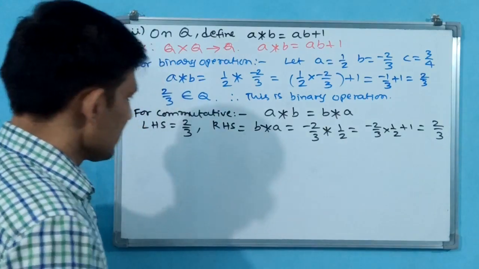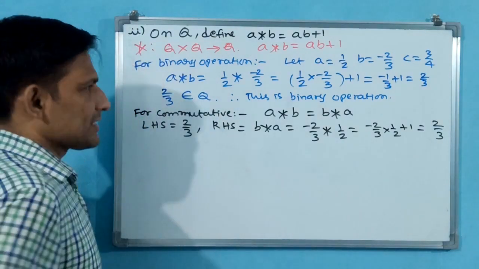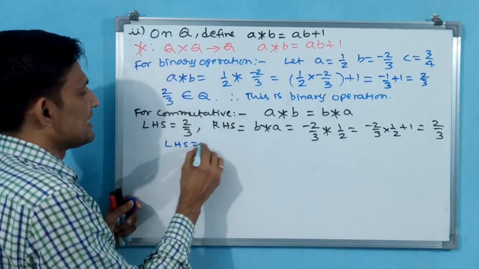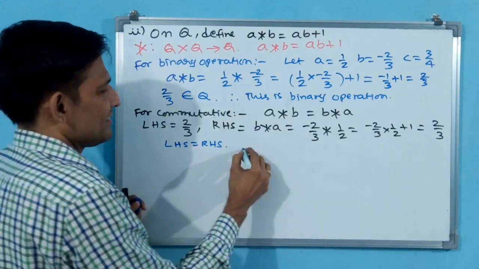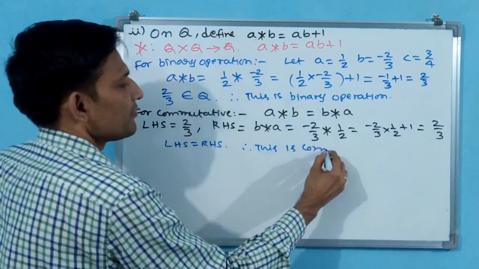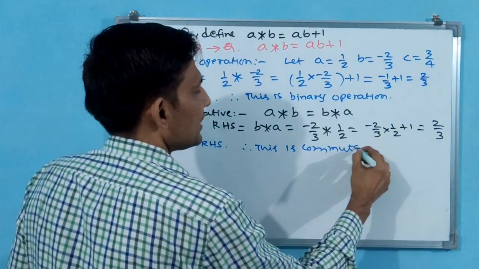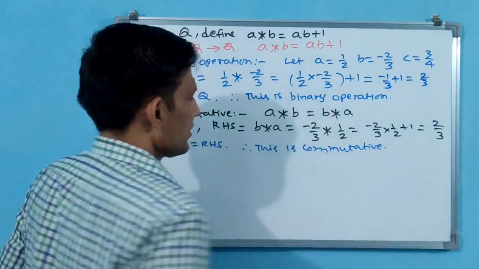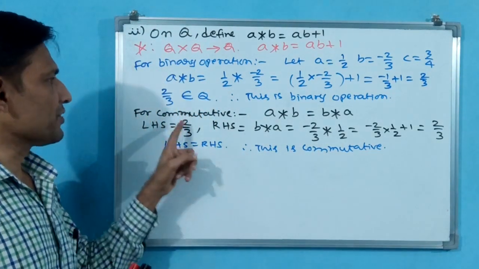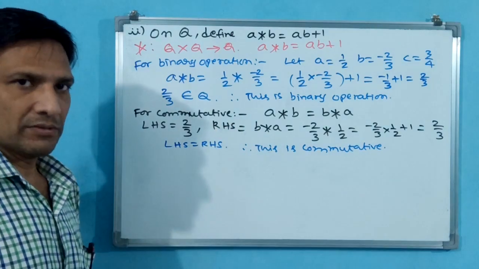That means here LHS is equal to RHS. Rather than these figures, you write LHS is equal to RHS. Therefore, this is commutative. For commutative, LHS equal to RHS means commutative.